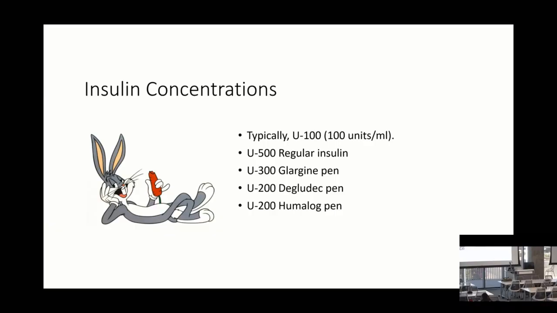So that's why the concentration matters. If it's more concentrated, you give less volume to get the same amount of insulin. These are things you should just know because you're going to see U100 on insulin and ask what it means. That's why you have those concentrations.